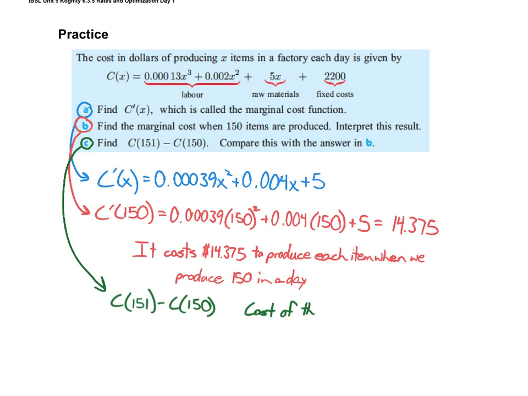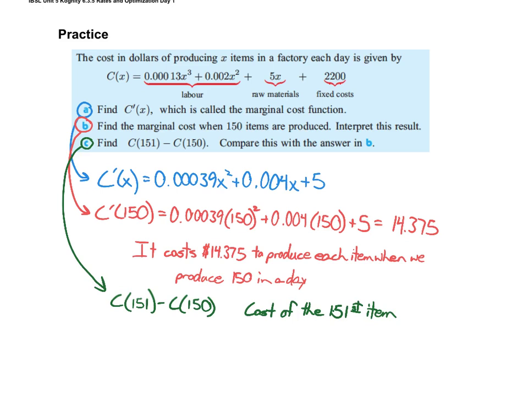Now, this is where we get the difference between instantaneous rate of change and average rate of change. Because we're subtracting here, the cost of producing one more will be slightly different because the instantaneous rate of change is changing. So, this is the cost of the 151st item.